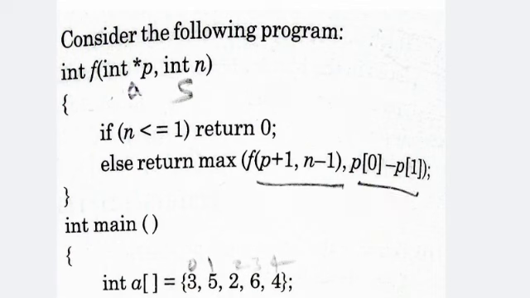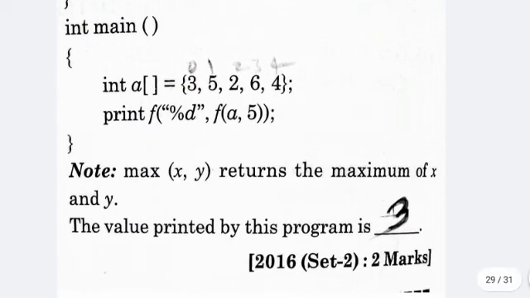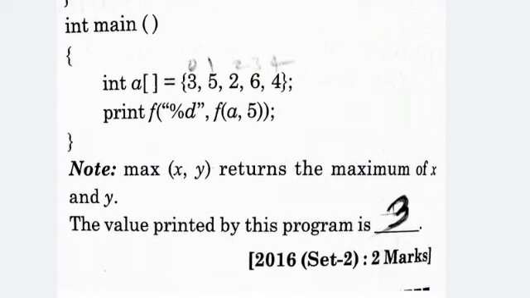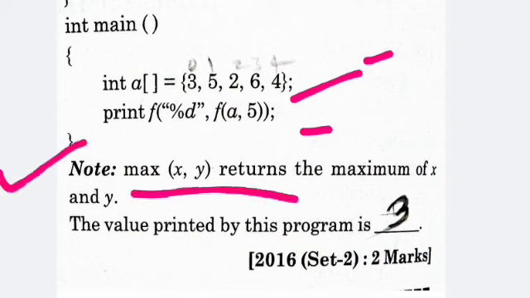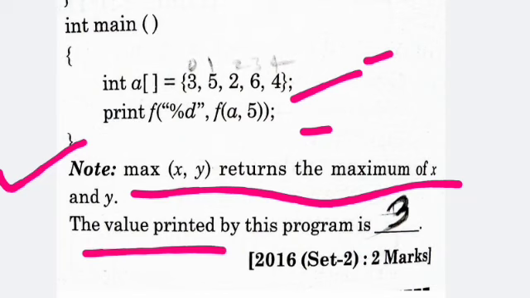Now come to the main function, int main. We are representing the array like 3, 5, 2, 6, 4 and print the value f(a, 5). The notable point is that max(x, y) returns the maximum value of x and y. So the value printed by the program is dash.